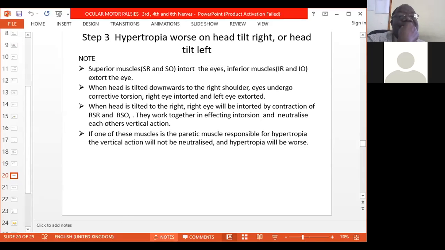When the head is tilted to the right, there will be intorsion by contraction of the right superior rectus and right superior oblique. They work together in effecting intorsion and neutralize. If one of these muscles is the paretic muscle responsible for hypertropia, the vertical intorsion will not be neutralized and the hypertropia will be worse.